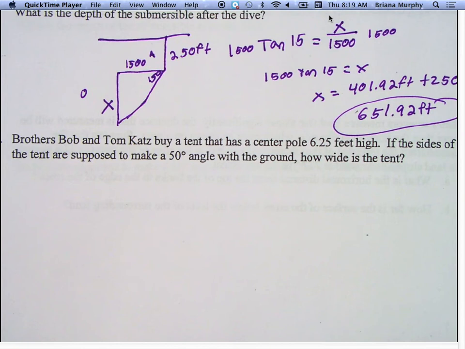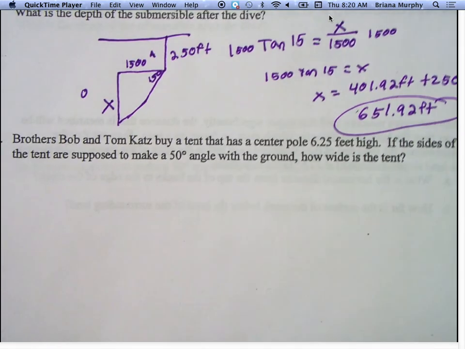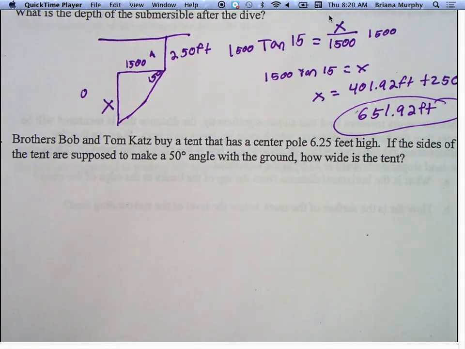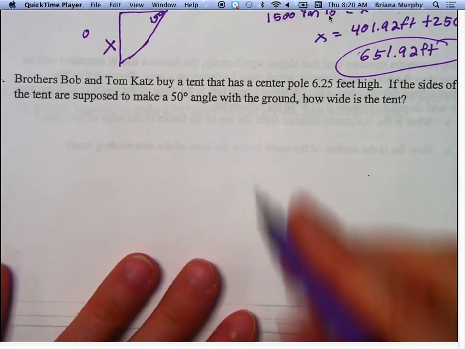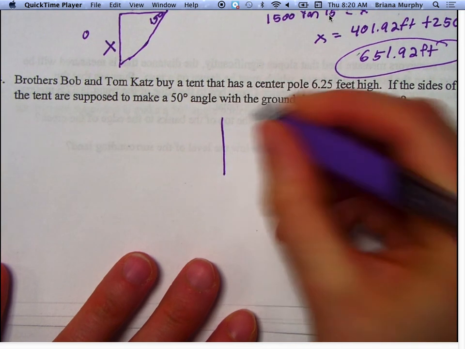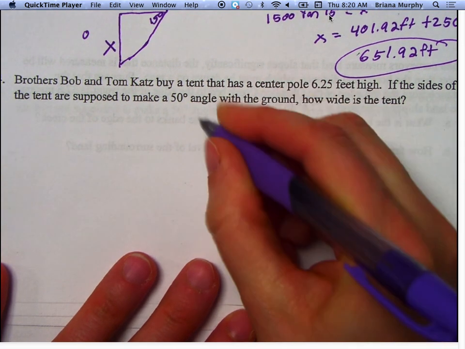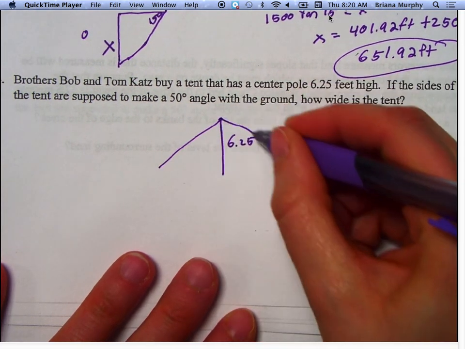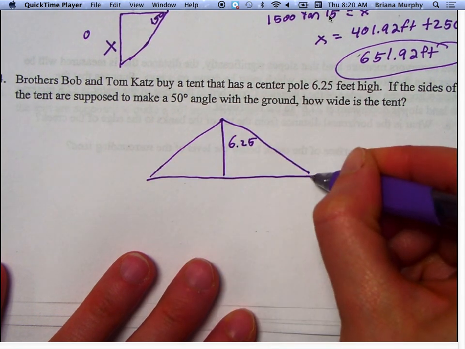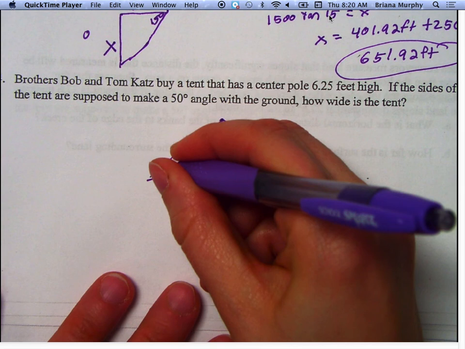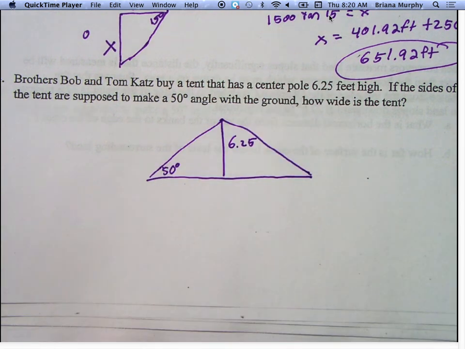All right. So I saw some people do the drawing more than one way, and you have more than one way to do it correctly. When it tells me my center pole is 6.25 feet, I think of the tent looking like this, right? And it's supposed to make a 50-degree angle with the ground, and I want to know how wide the tent is.